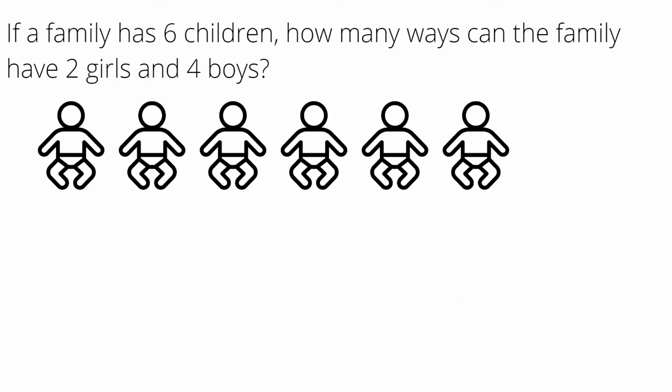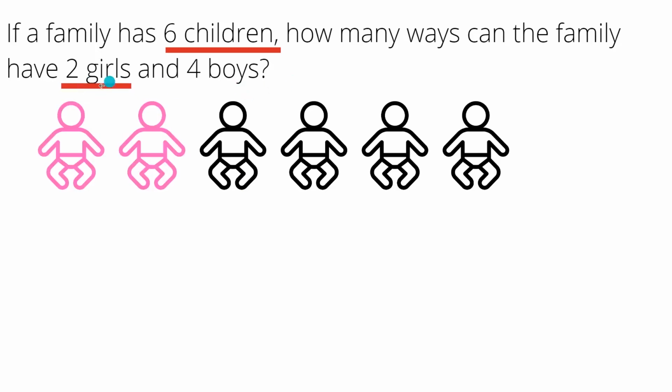If a family has 6 children, how many ways can the family have 2 girls and 4 boys? So I've given you 6 babies here. And let's just look, kind of like the last problem, let's just look at the 2 girls. What they're saying is out of these 6 children, 2 girls and 4 boys.